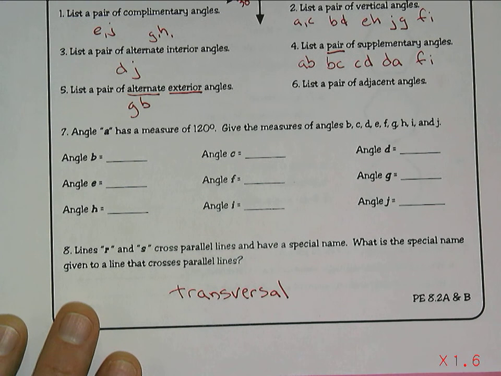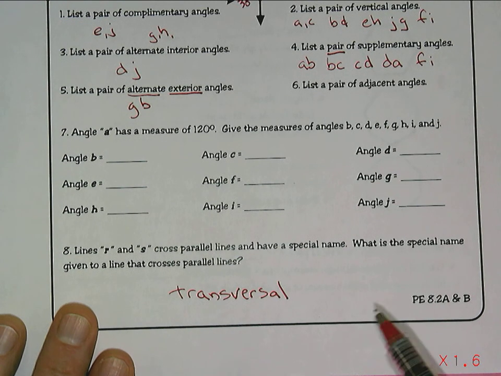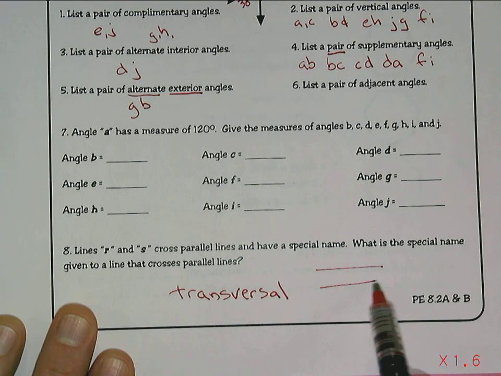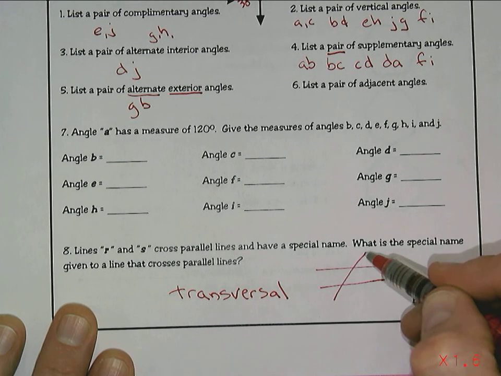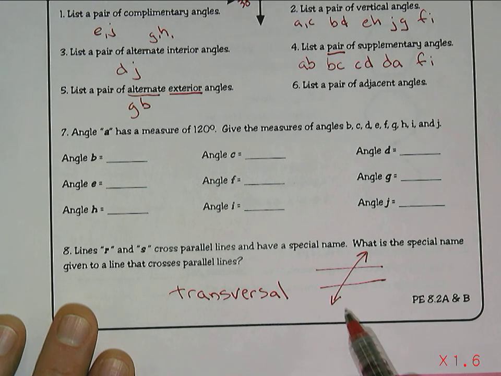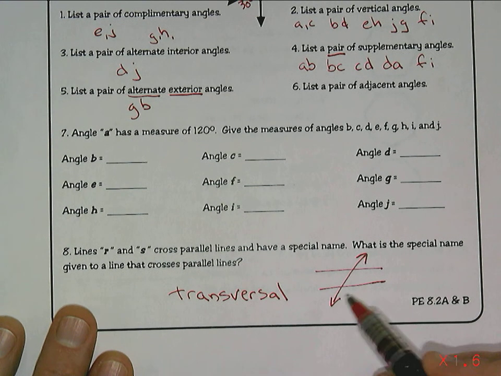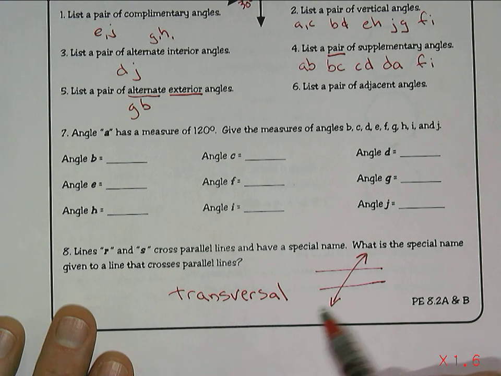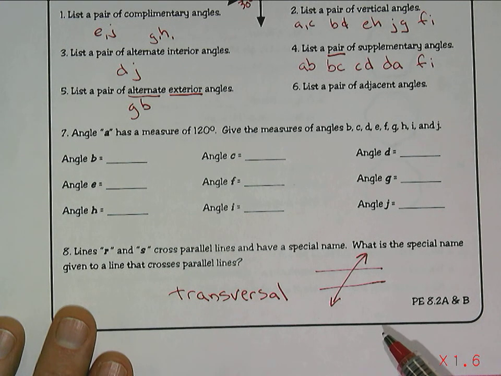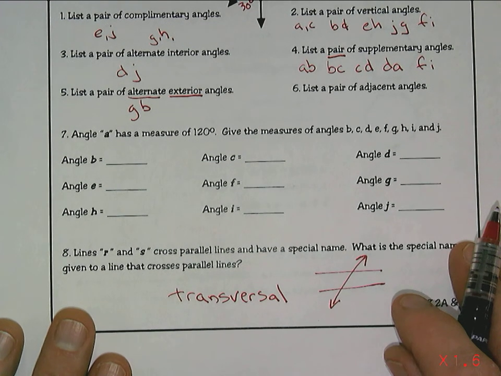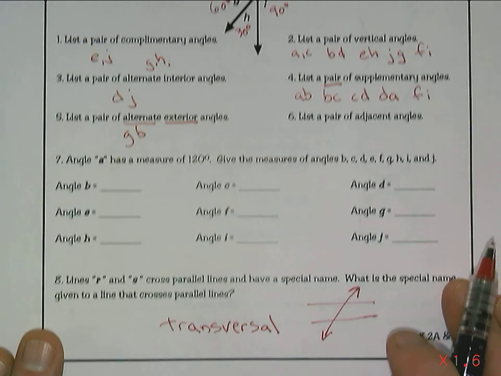So a transversal line is a line that cuts across. If you have a set of parallel lines and you take another line and you cross it, that line that you create that crosses it is called the transversal line. And so that takes care of the first page of this practice test, along with all the angle measures that we already did earlier in the first video.